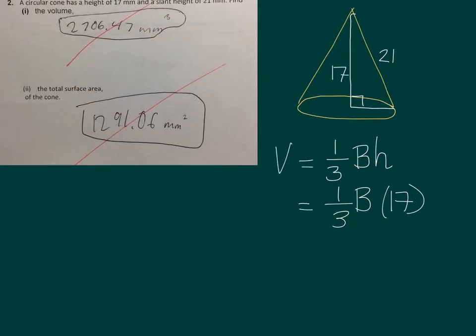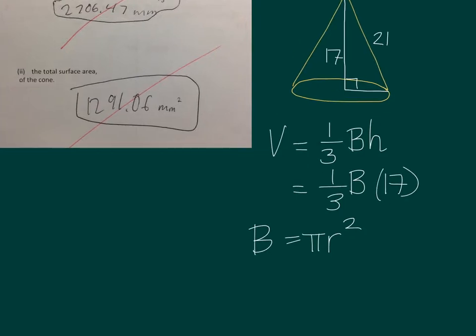Now the base area is a circle with an area of pi r squared, in which we don't know the r yet. So how are we going to find the r? If you look at the diagram, the radius r is the base of the triangle with 17 as the height and a hypotenuse of 21.